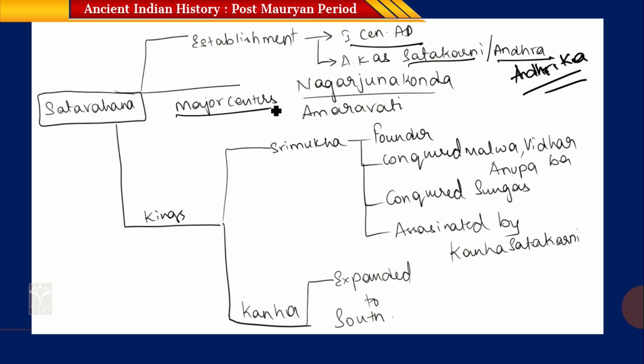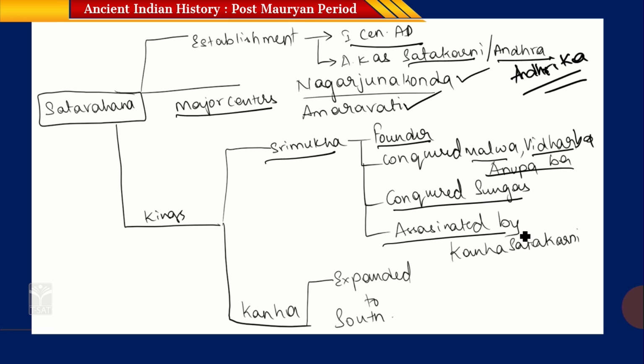Some of the major Shatavahana centers were Nagarjunakonda and Amaravati. Srimukha was obviously the founder. He conquered Malwa, Vidarbha and Anupa. He also defeated the Shungas. He was assassinated by Krishna Shatakarni, a descendant of a member of his own family.